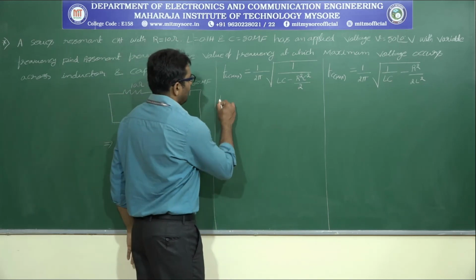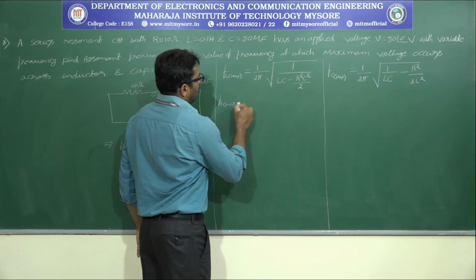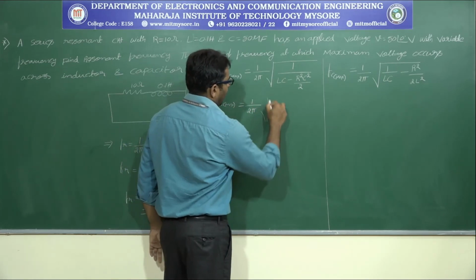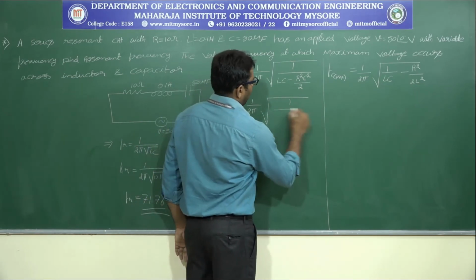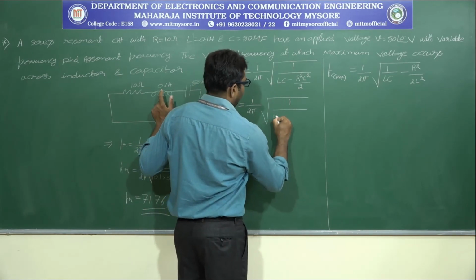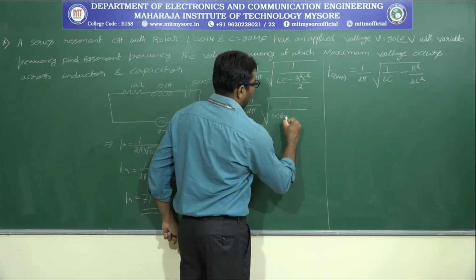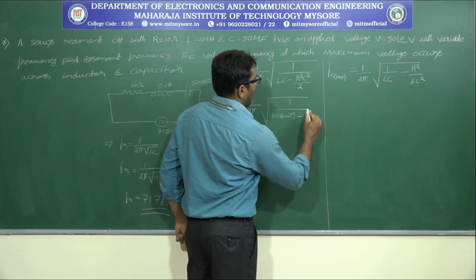Let me substitute the values. FL max is equal to 1 divided by 2 pi square root of 1 whole divided by, what is the L value? 0.1 Henry into C value 50 into 10 power minus 6, minus R square.